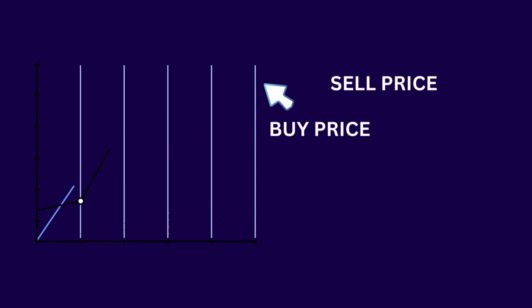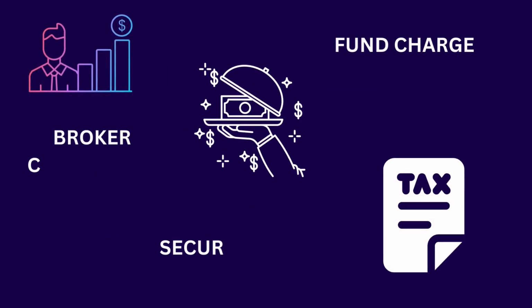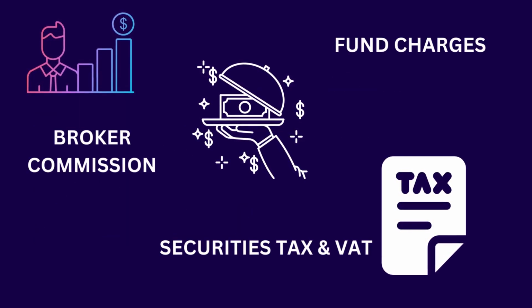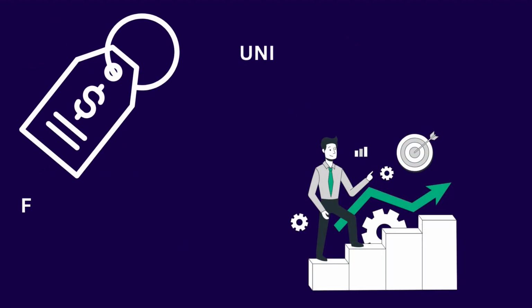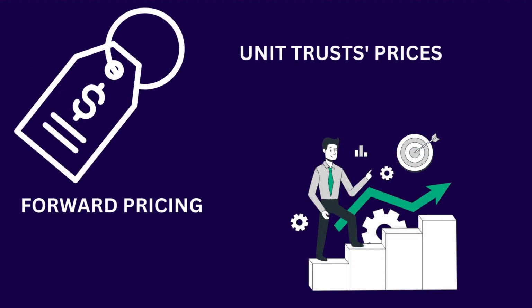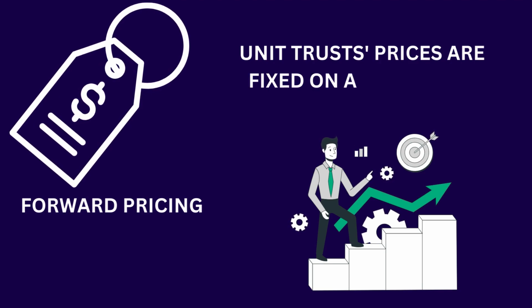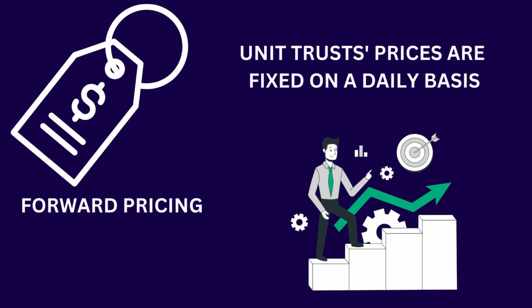The difference between the buy and sell price is known as the initial charge and includes broker commission, fund charges, marketable securities tax, and VAT. Unit trust prices are fixed on a daily basis, often using forward pricing to calculate the day's price based on the previous day's close of business.